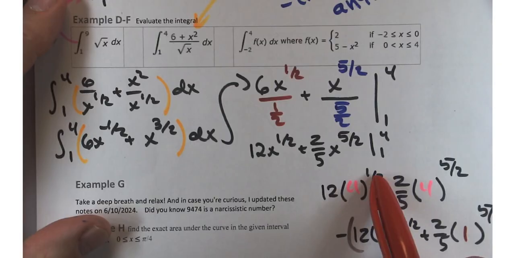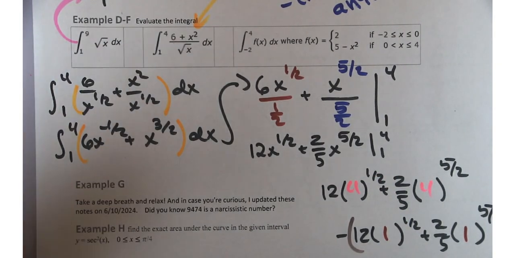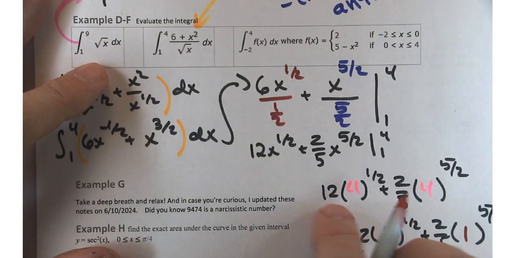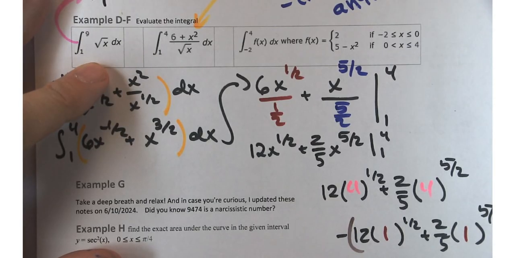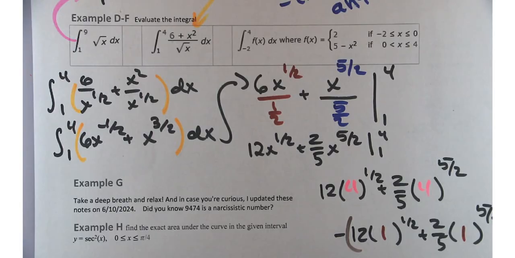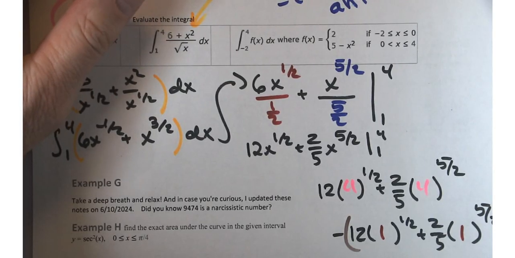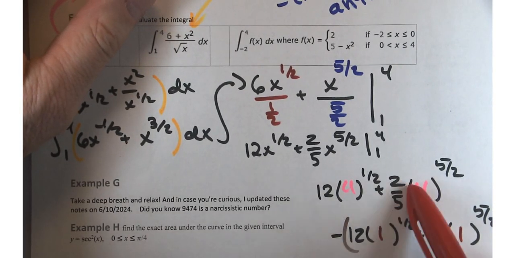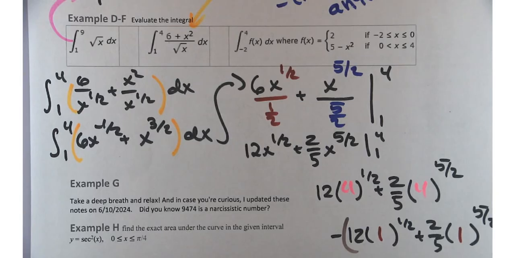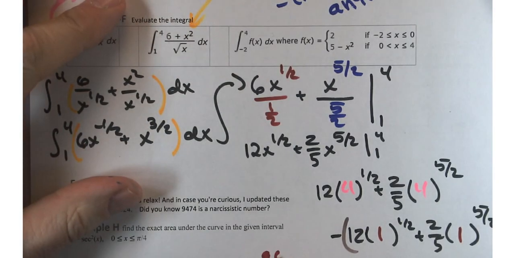4 to the 1/2, that's just the square root of 4, so that's going to be a 2. 12 times 2 is going to be 24, plus 2/5 times 4 to the 5/2. That's stuff that I don't expect you to do in your head. That's going to be 32 times 2 over 5, which is 96 over 5, minus 12 plus 2/5.